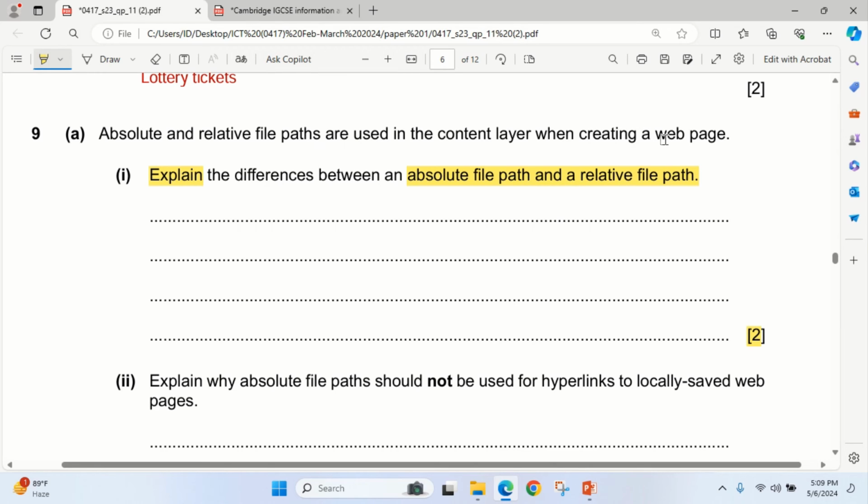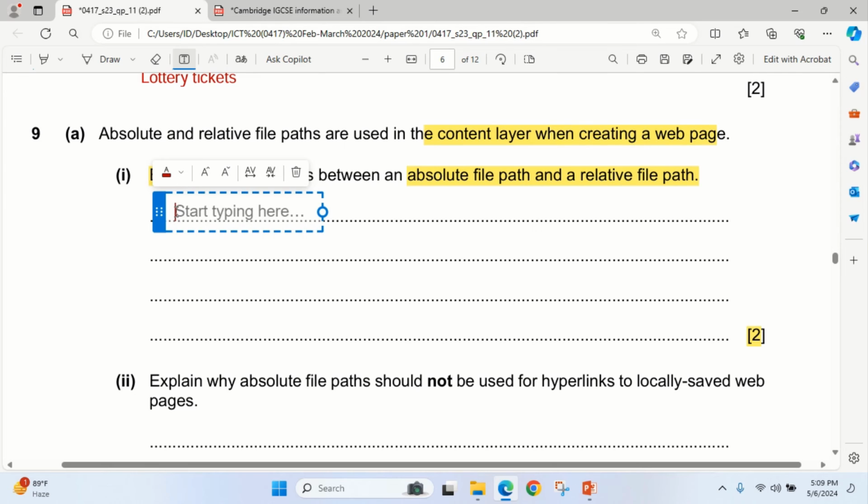Whenever you want to answer, relate it to the scenario given up here. You can start by saying that an absolute file path contains a complete URL, that is, the full file path with the file name.